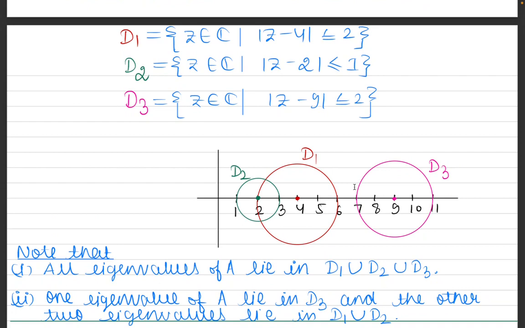Yes, so this will be this disk. And the last disk will be centered at 9 and radius 2, which means this disk.